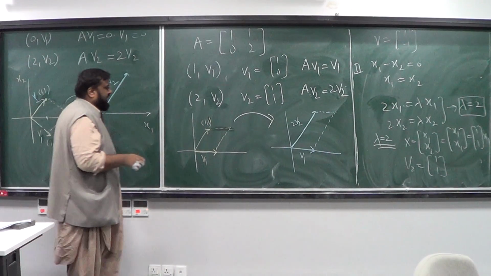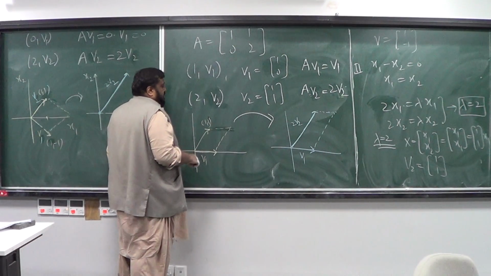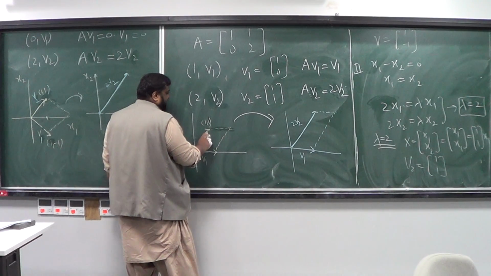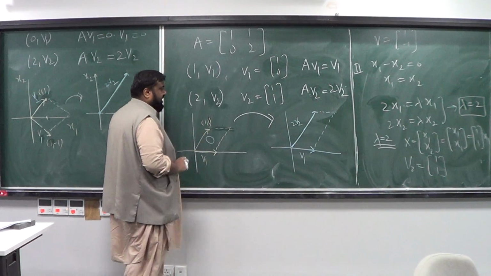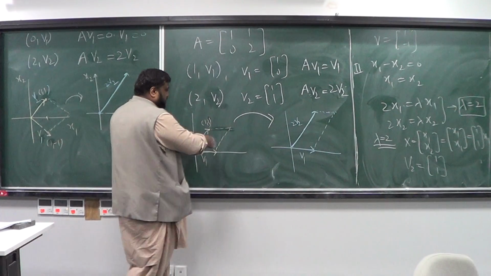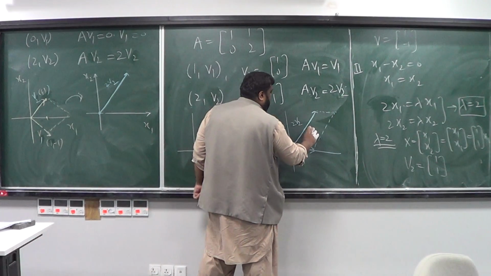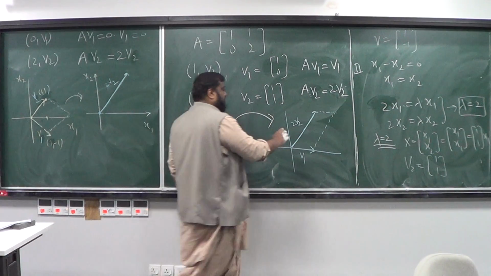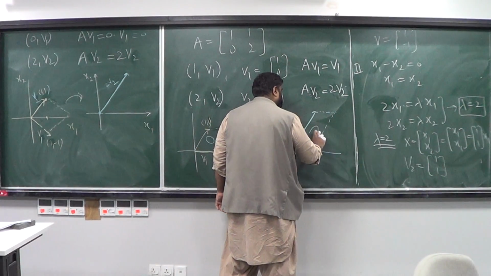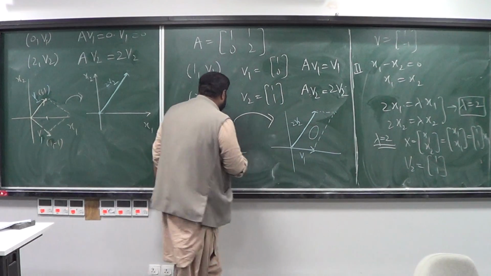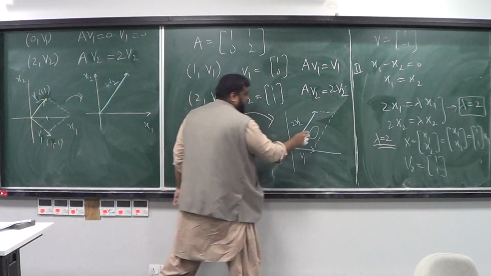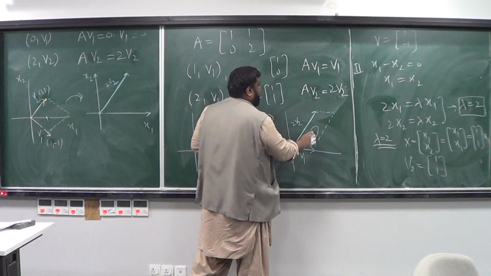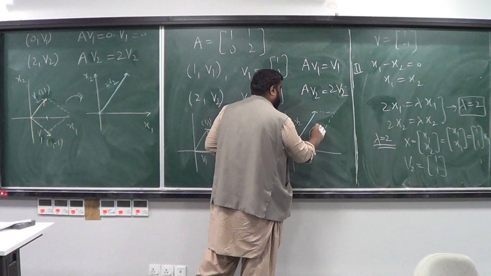If you put a circle here, this circle would be horizontally the same, but vertically stretched. So it would look something like this. It has the same horizontal radius as this, but vertically it has been stretched. So that is the kind of transformation.